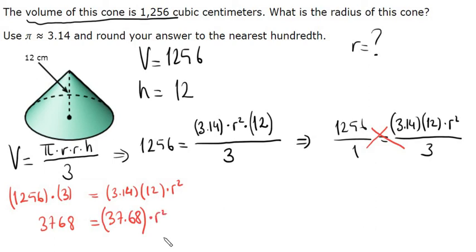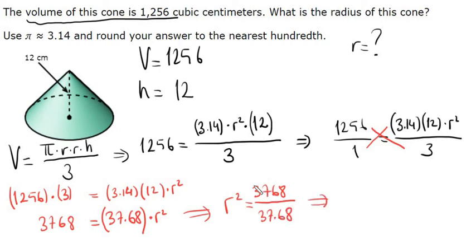37.68 times r squared. So in order to find r squared, I have to divide 3768 by 37.68. So r squared is going to be 3768 divided by 37.68.